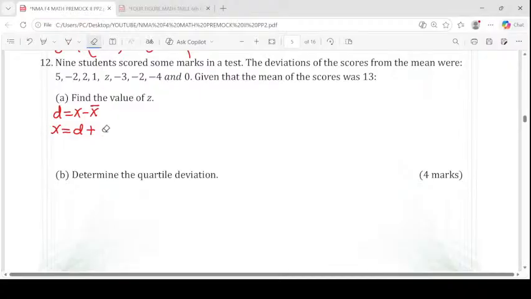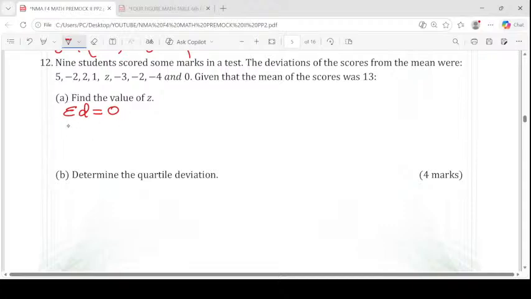In fact, that should be the simplest way of doing it here. So I can say the summation of the deviations from the mean is equivalent to 0.